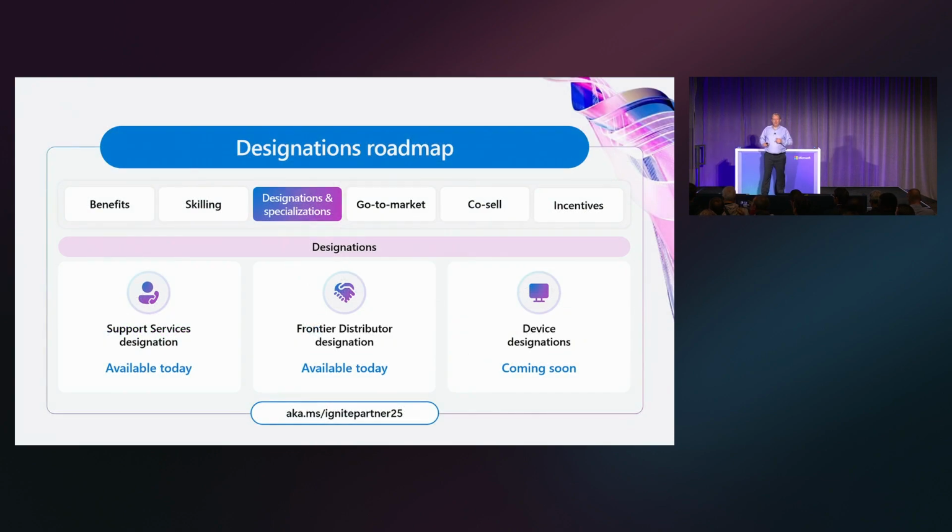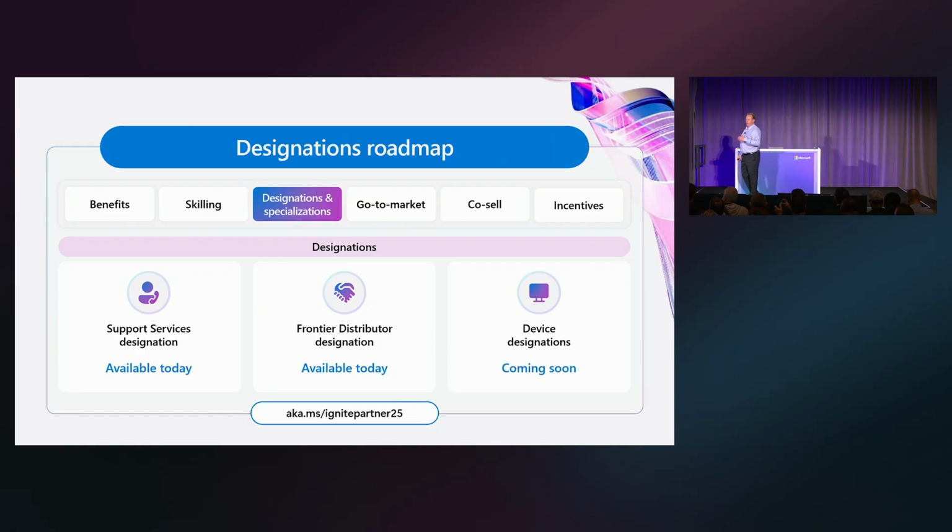We're also announcing 3 new designations this week. For those service providers who want to be recognized for driving high customer satisfaction, we're introducing the Support Services designation, available immediately. This will be a differentiator in the market, and it signals to CSP customers that these partners are providing high-quality Microsoft support to their customers.